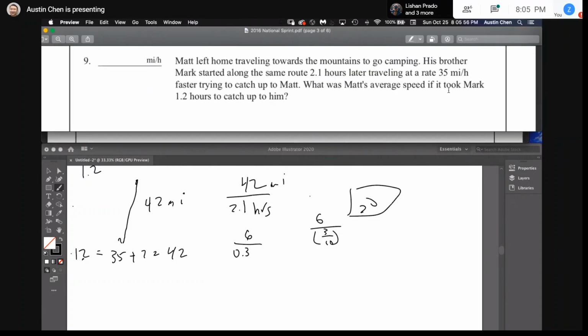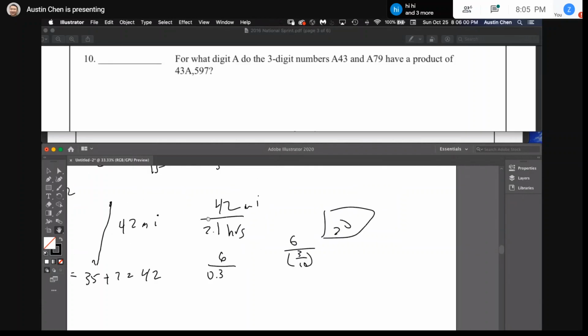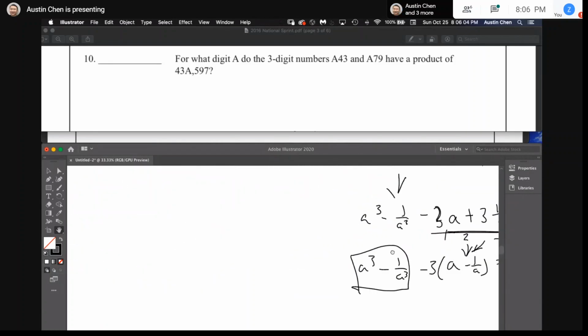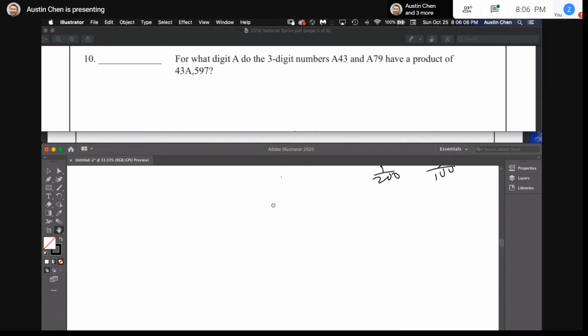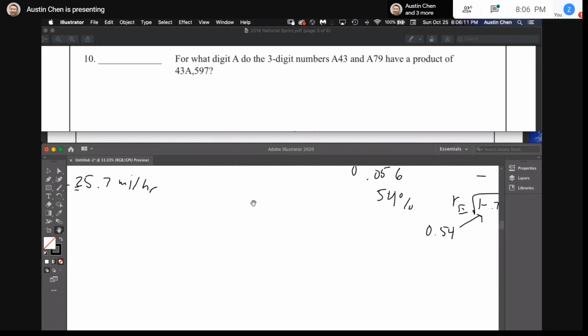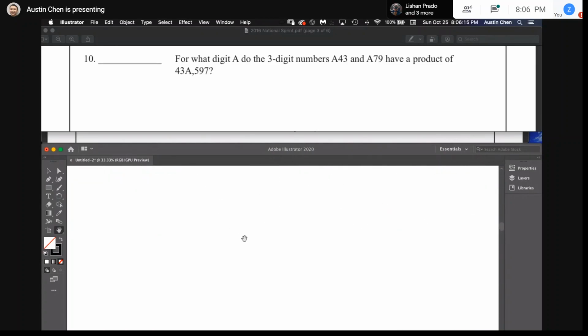All right. For what digit A do the 3-digit numbers A43 and A79 have a product of 43A597? All right. So we should be testing A's. We look at the upper range and the lower range of their product.